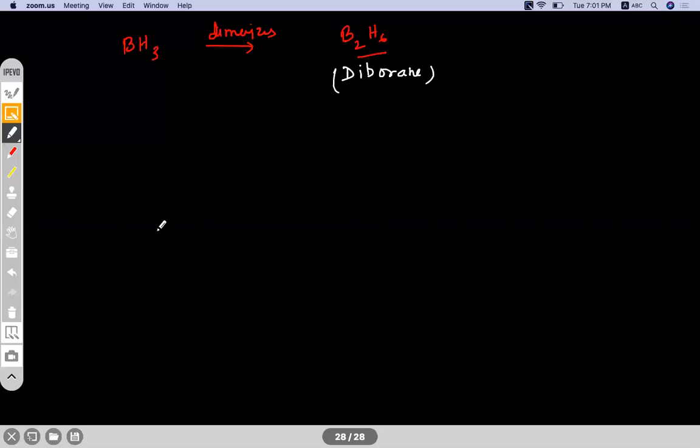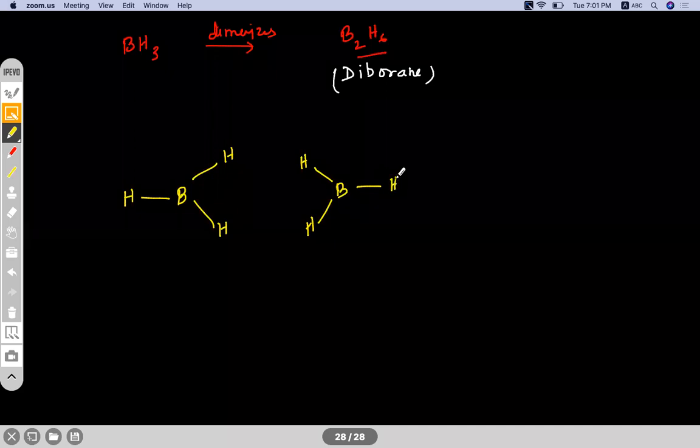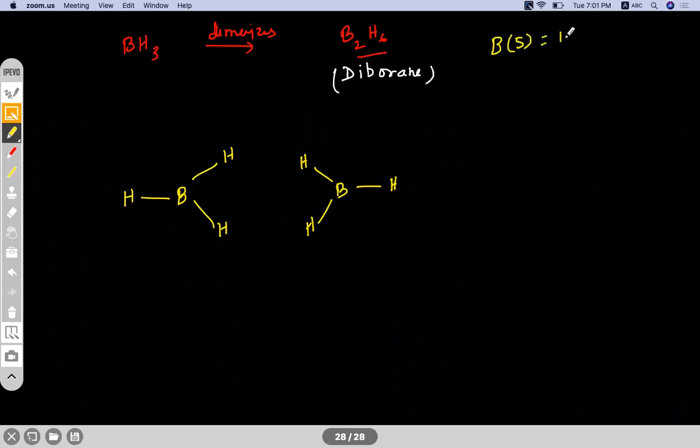If you look at the bonding in BH3, the electronic configuration of boron has 5 electrons, 1s2, 2s2, 2p1.